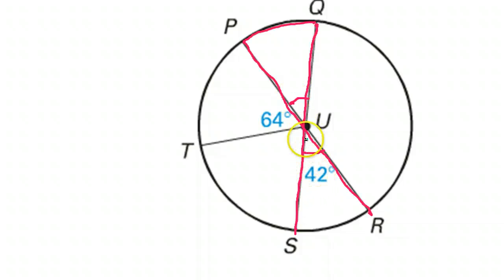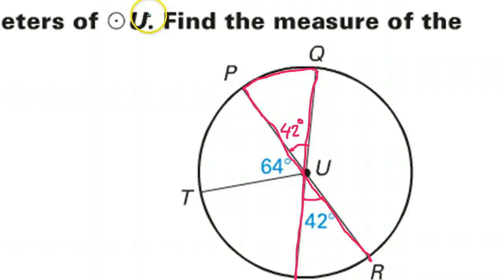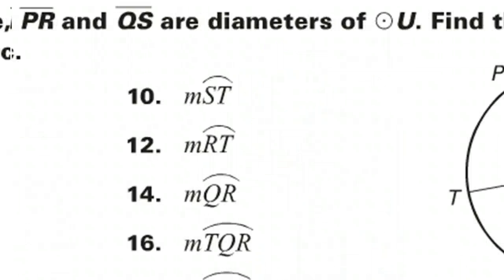So if this is 42 degrees, then this will be 42 degrees. And arc PQ is the intercepted arc of this 42 degree angle. So by definition, this is a 42 degree arc. So PQ is 42 degrees.